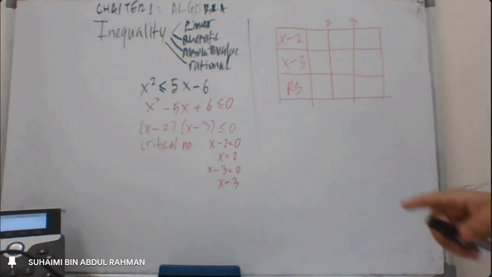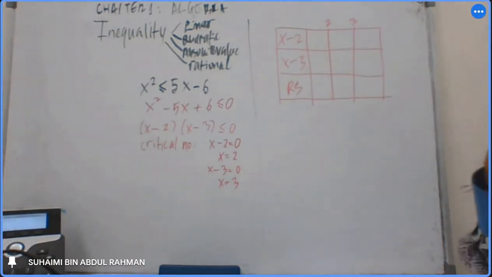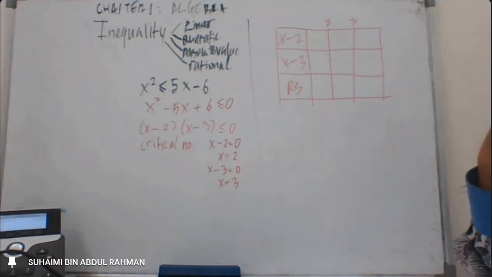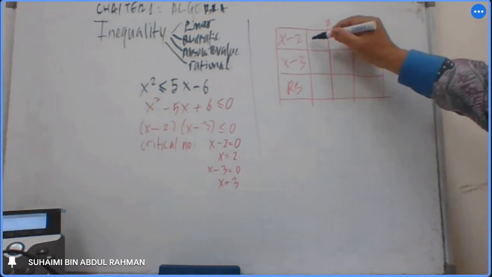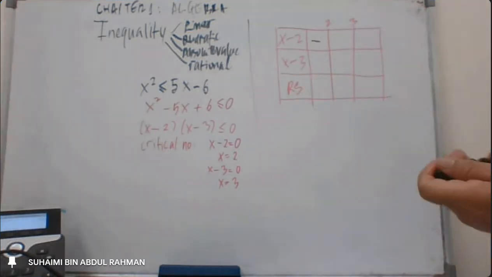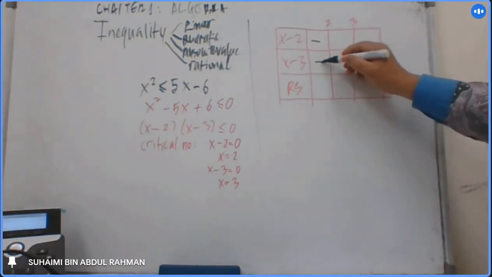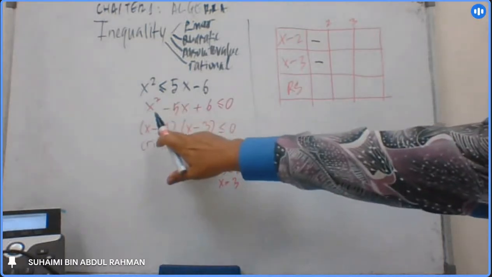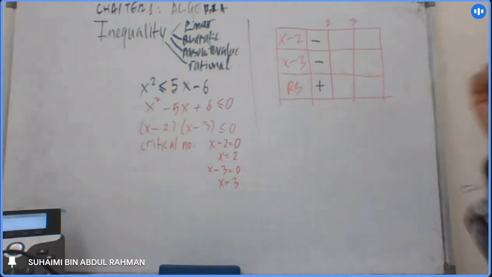So if we substitute 1, the result we get is a negative number, negative 1. Here, negative 2, a negative number as well. When negative multiplies with negative, positive.